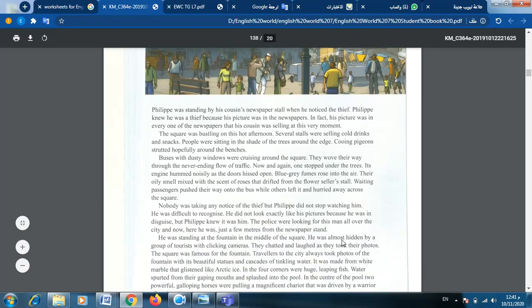He was almost hidden by a group of tourists with clicking cameras. He was hidden. He didn't want anyone to recognize him. So he was hidden, okay, by a group of tourists. Yes, tourists who come to this square to take some photos. He was hidden by a group of tourists.